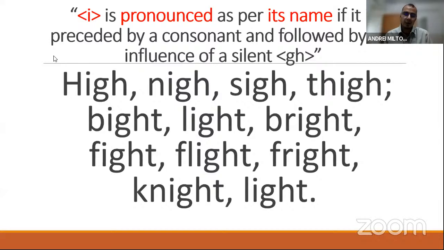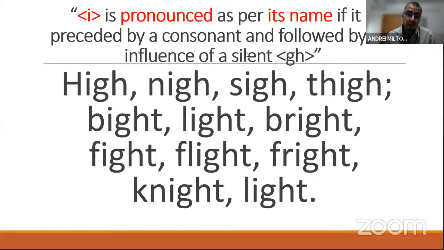Next silent letter. Actually, in the past, in Old English, the GH in these words used to be pronounced. But with the evolution of language, the spelling was just left alone. The only thing we can think about this spelling is that the GH is telling you that the letter I is pronounced as its name.